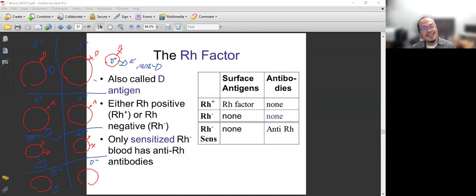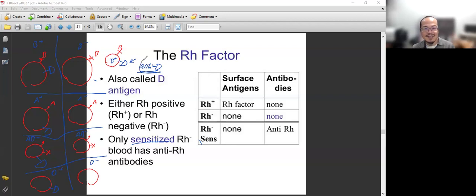And then we call this sensitized to anti-RH. This is called RH factor, anti-RH or anti-D antibody. Yeah, so that's that.